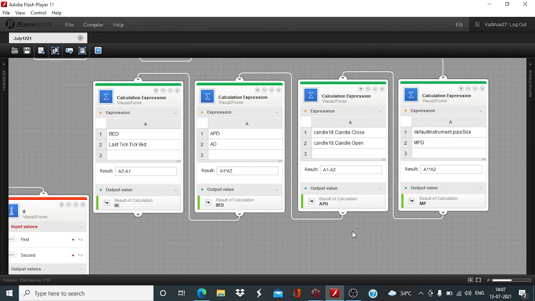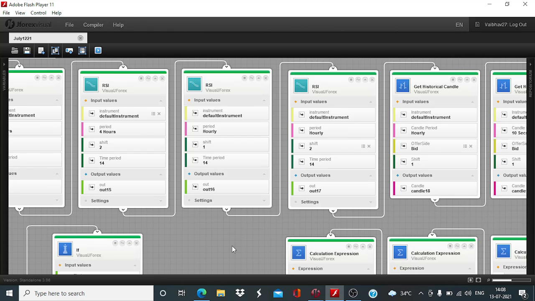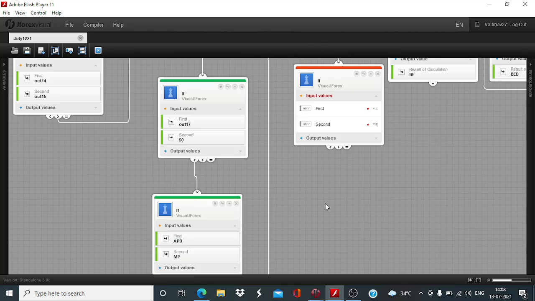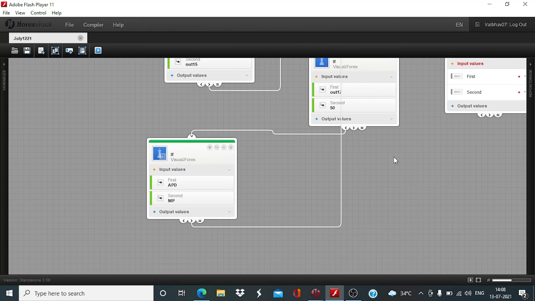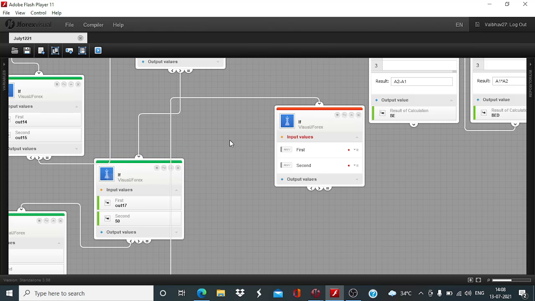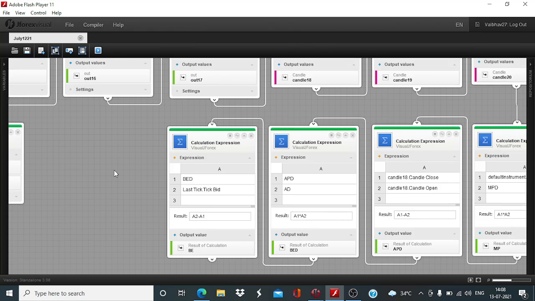Okay. And with this, we are almost done with the RSI and the volatility requirements. So now we go on to define the entry point.